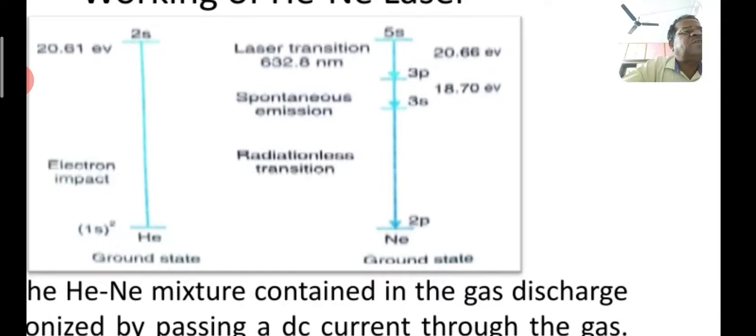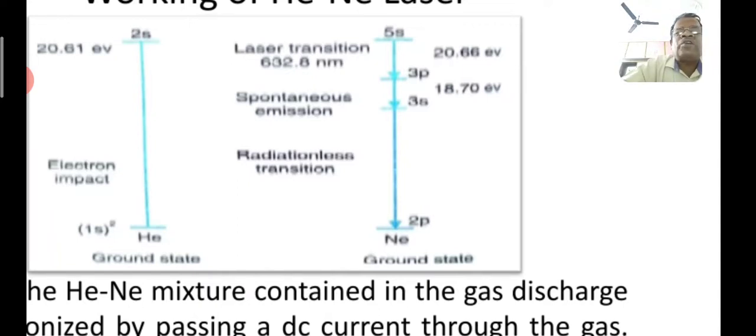As a result, a highly intense, perfectly parallel, monochromatic and coherent laser beam emerges through the end face, which has lower reflectivity. The electron impact that excites the helium neon atoms occurs all the time. Hence, the helium neon laser operates continuously.